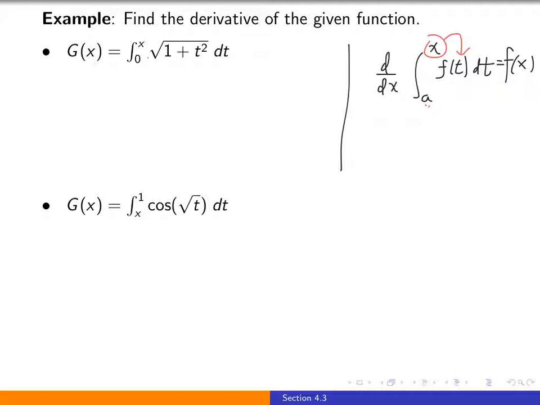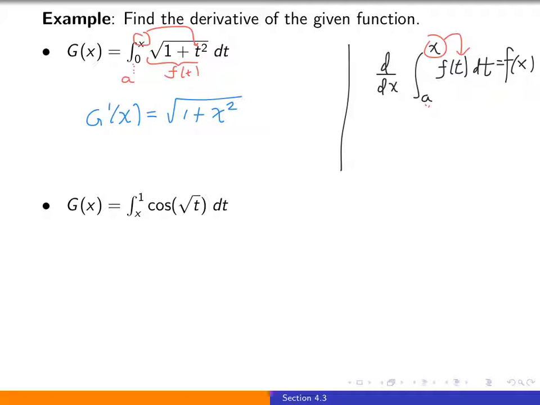In this function, we have f of t is the square root of 1 plus t squared. We're integrating from a number to x, so 0 is playing the role of a. So we simply take that x and we plug it in for t. That is to say g prime of x is the square root of 1 plus x squared.